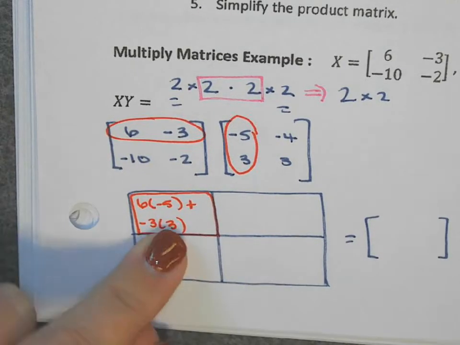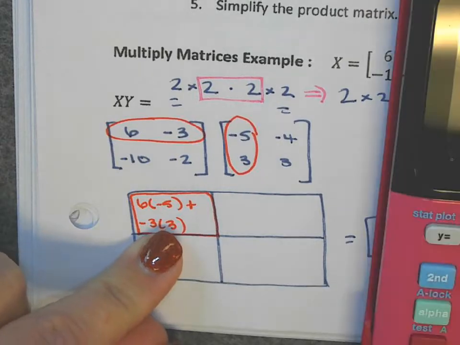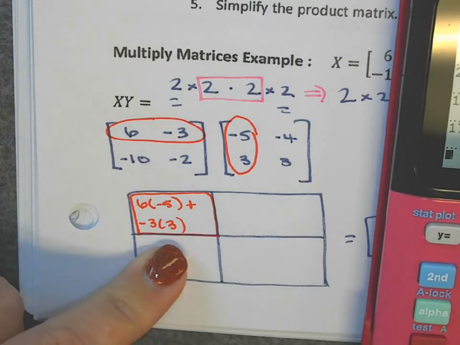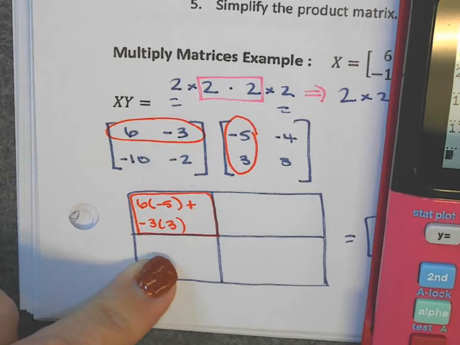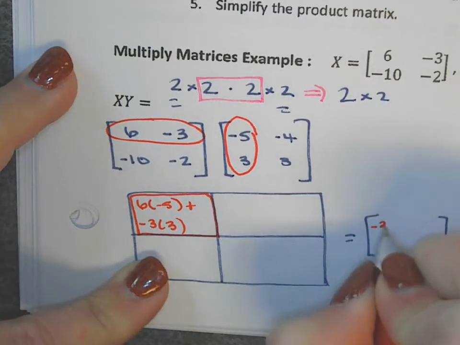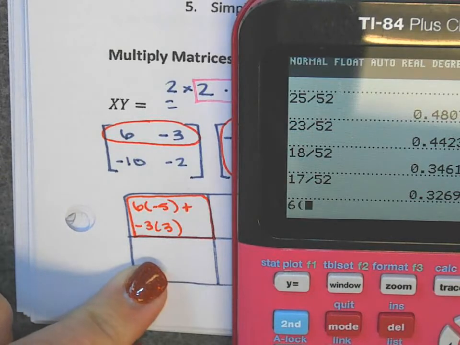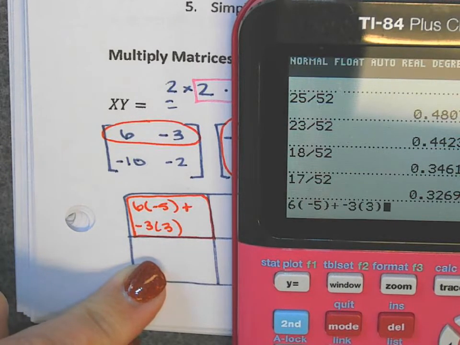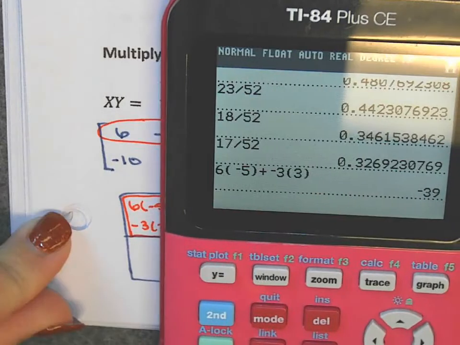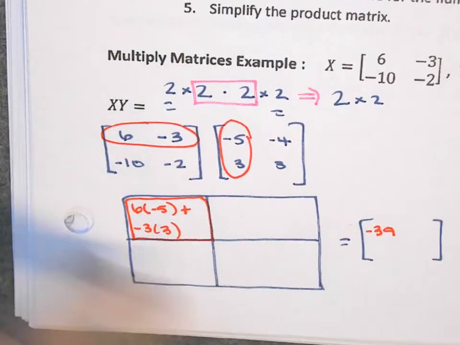From there, I can type that into my calculator, or I could just do it. That would be negative 30 minus 9, which is negative 39. If I didn't want to do that math, I could type in 6 times negative 5 plus negative 3 times 3, and it will also tell me that's negative 39 for that box.